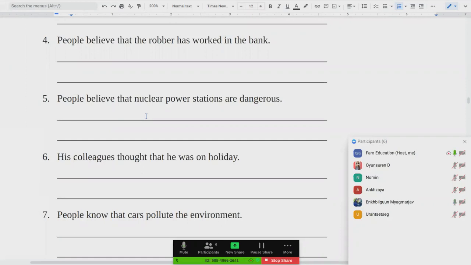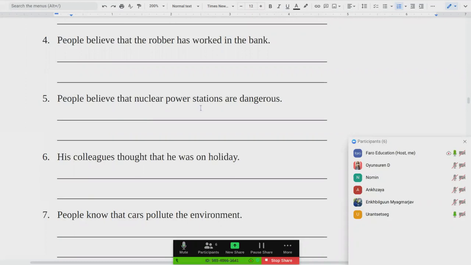За 5. It is believed that nuclear power stations are dangerous. Дараачийнх нь nuclear power stations олон тоо шүү.